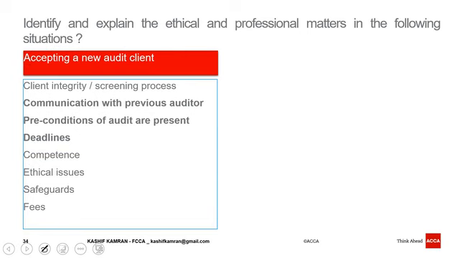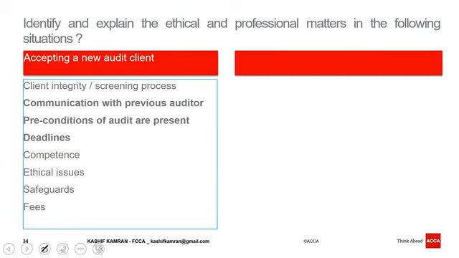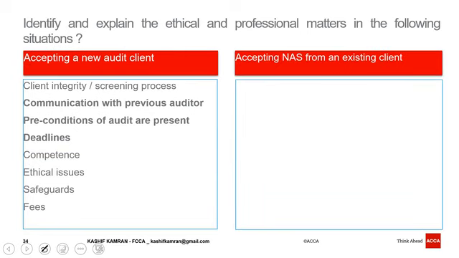Okay, the next thing. When you're accepting a non-audit service from an existing client, we just addressed that. Apart from knowing the self-review, the advocacy, the self-interest, you should know, do you have competence for the service? If the client is asking you to perform an actuarial valuation, do you know how an actuarial valuation is carried out?